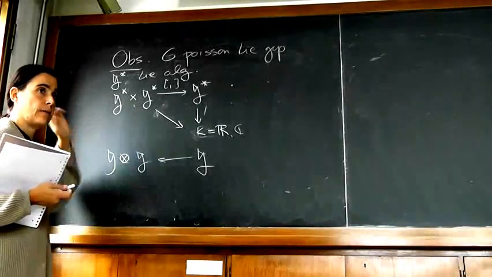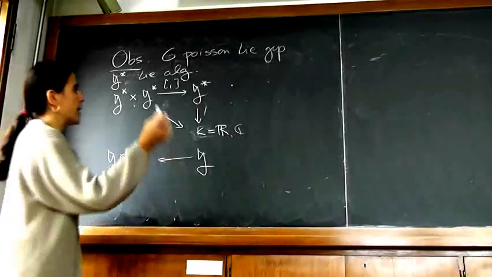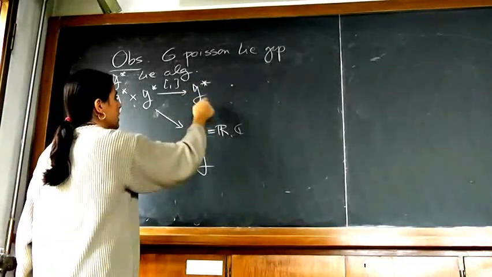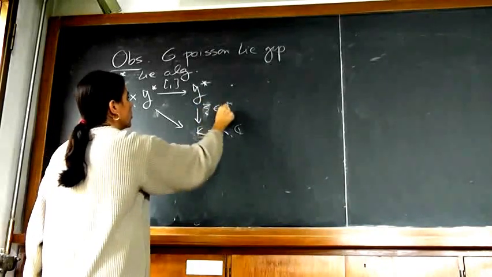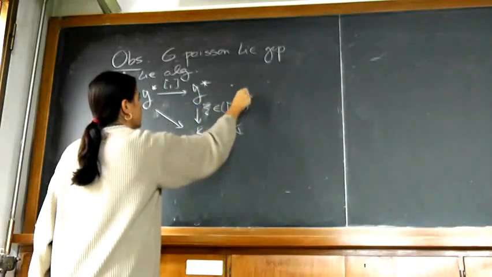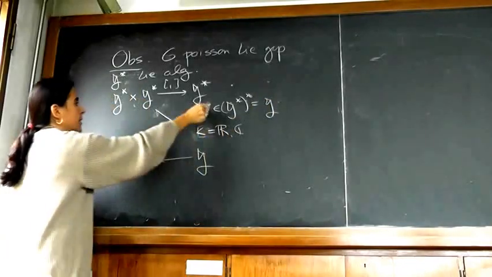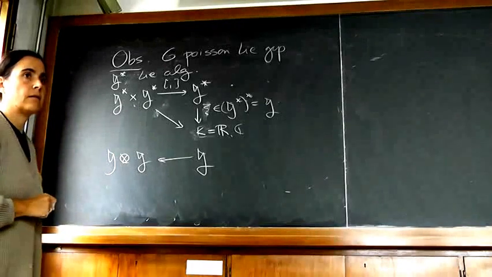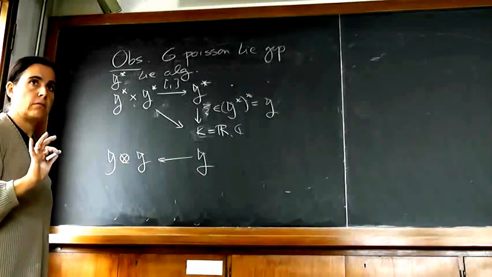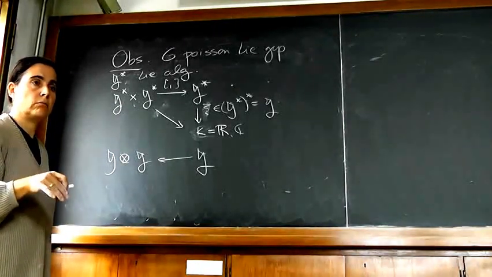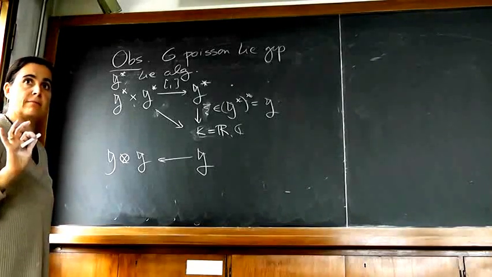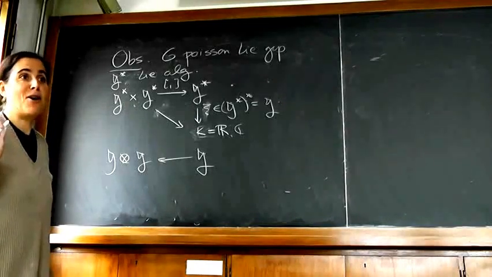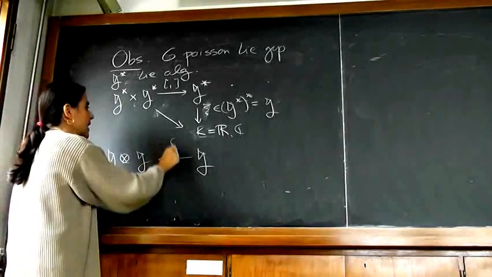It's just to explain to the students. If this is an element psi on the dual, every element like this gives you, composing with that, something that we know. And we call this delta.